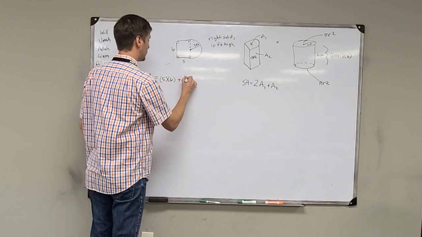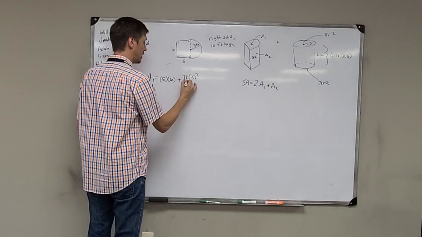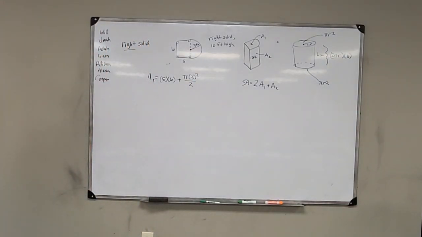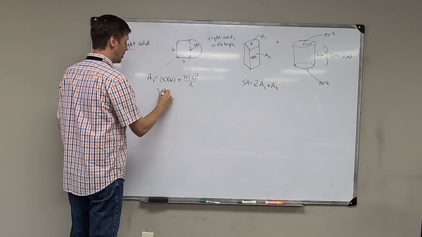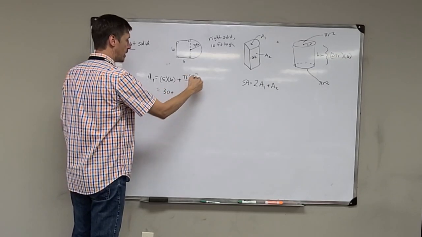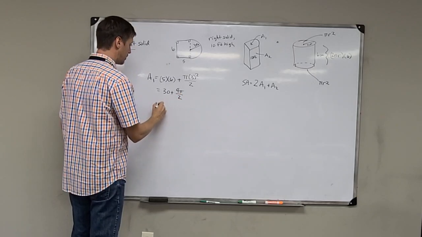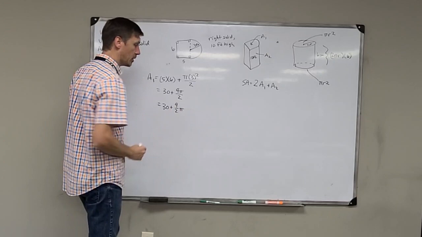So pi times 3 squared, but it's half of a circle, so we're going to divide it by 2. Everybody cool with that? Yep. So that's going to be 5 times 6 is 30, plus 3 squared is 9, so we got 9 pi over 2. And so we could rewrite that as 30 plus 9 halves pi if we wanted to.